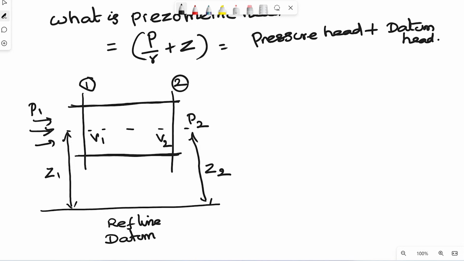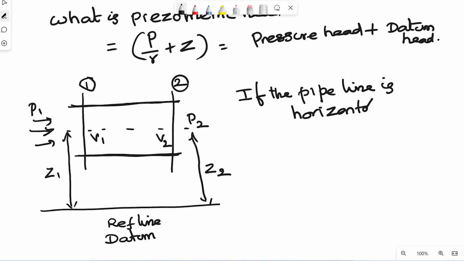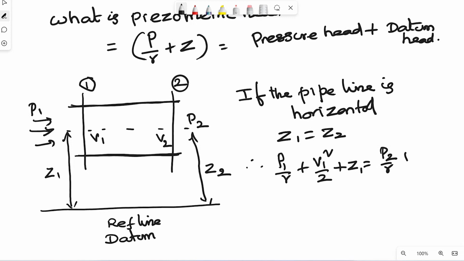Now if the pipeline is horizontal, then z1 is equal to z2. Therefore, if you apply Bernoulli's equation, it is p1 by gamma plus v1 squared by 2g plus z1 is equal to p2 by gamma plus v2 squared by 2g plus z2.